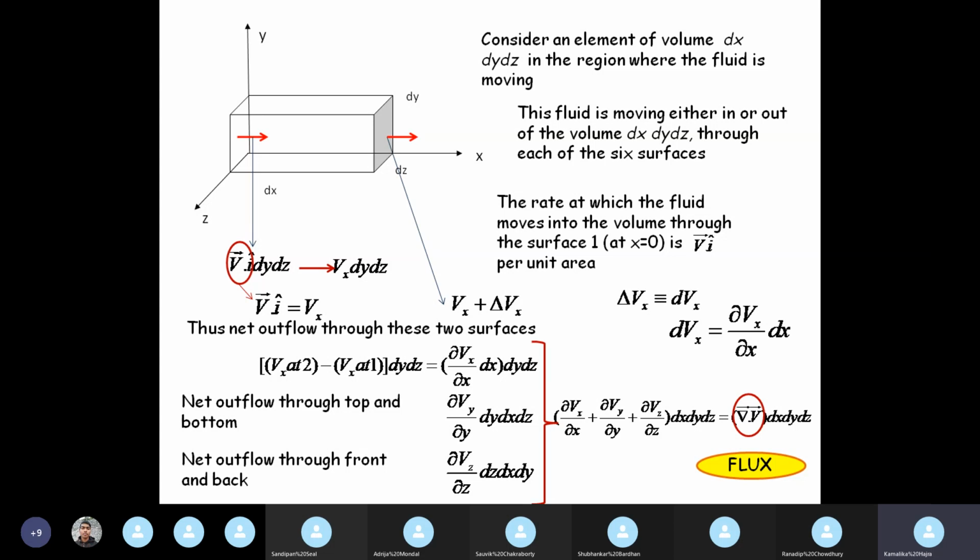But if the number of people leaving is more than the number of people entering, then it must be that there is some third door through which some more people entered that room and have joined the people that are coming out. You understood? In that case, we say there is a source.